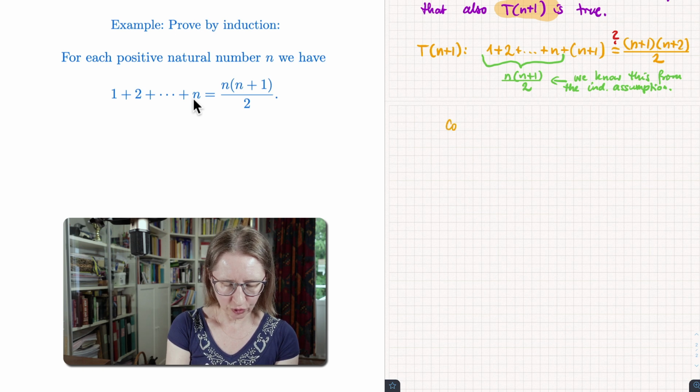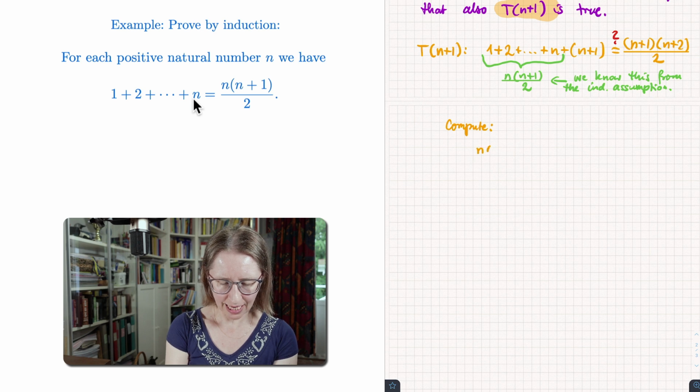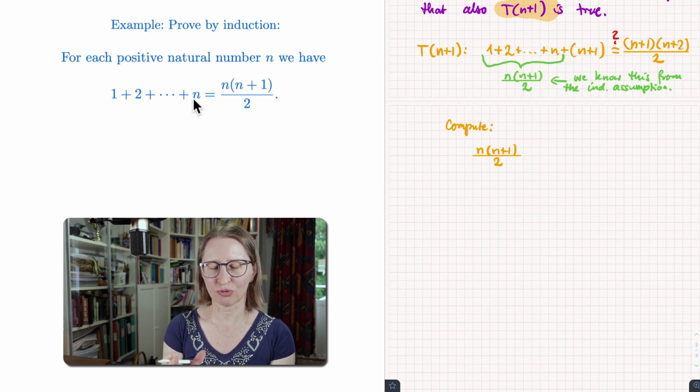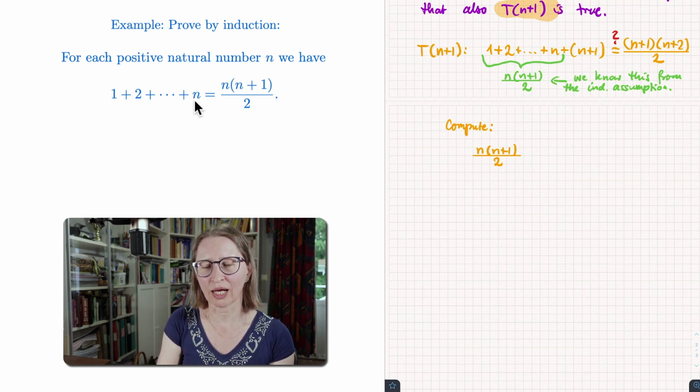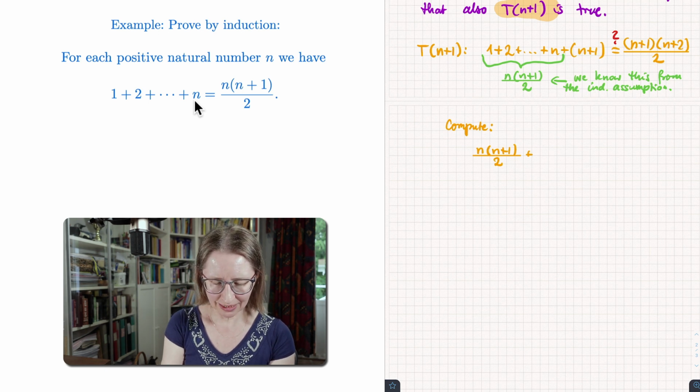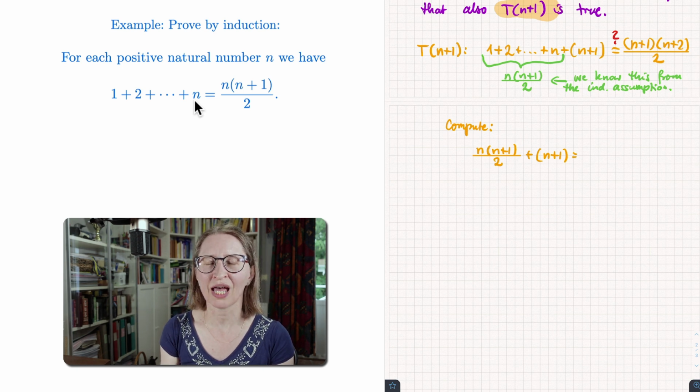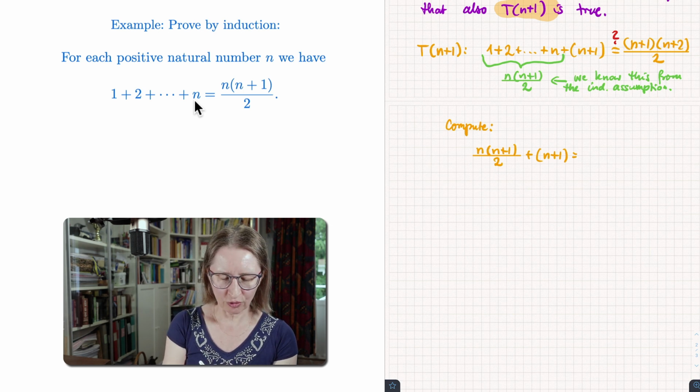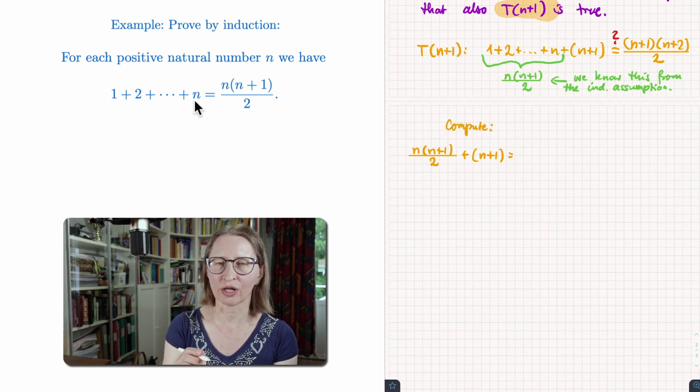Well, let's verify if it is really true. So compute the following. N times n plus 1 divided by 2, which is by induction assumption the sum for all the natural numbers from 1 to n, plus the next one, which is n plus 1, is equal to. And now we have to add these two expressions to each other. And you know that adding expressions is the same as adding just regular fractions.